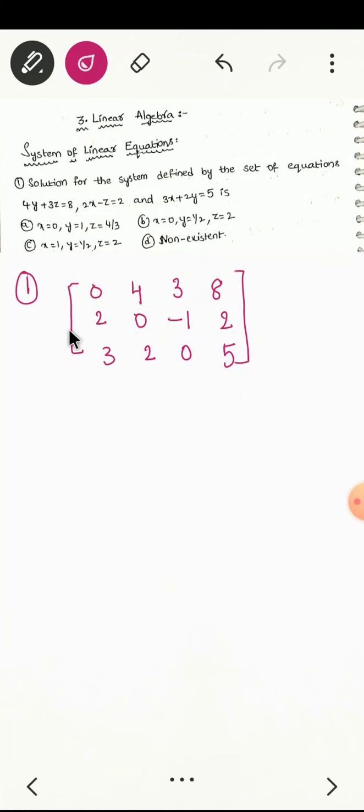After formulating this matrix, what you have to do? You have to keep the matrix like this always. There should be a number here, whatever it may be, but here definitely there should be zeros. Again, here there should be a number, but here there should be zero only. Likewise you have to formulate.